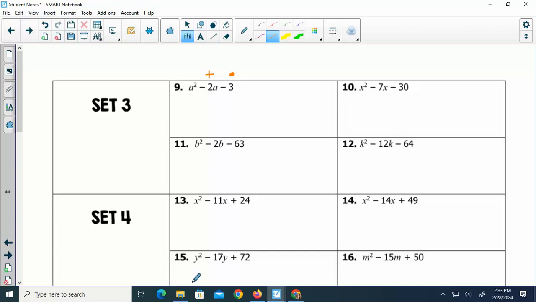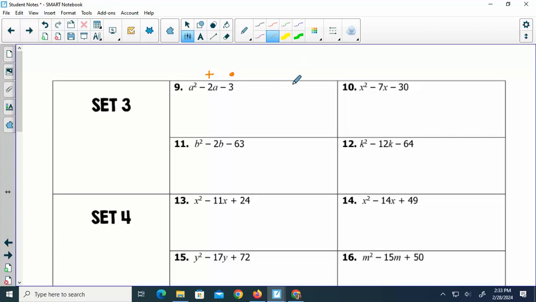They can't both be negative because a negative times a negative is positive. So because they multiply to a negative, I know one of them is negative. Because they add to a negative, which one is negative? The bigger one has to be the negative number.